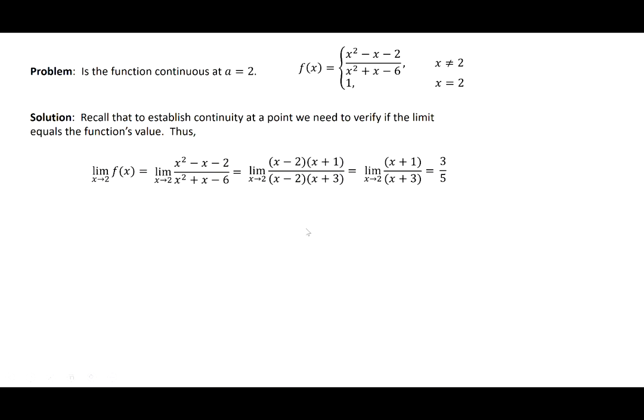So clearly the limit of f of x as x approaches 2 is 3/5. And what is f of 2? f of 2 is 1. So, is the limit equal to the function's value? Nope. The limit of f of x is not equal to f of 2. We conclude that f is discontinuous at a equals 2.